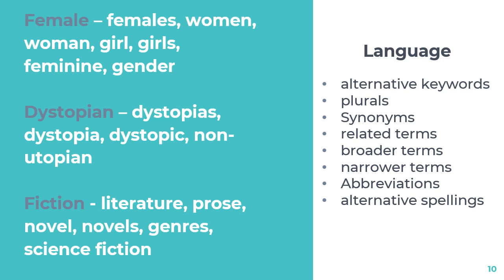If we were to brainstorm the first one, female, we come up with some of the words females, women, woman, girls, girl, feminine, gender. These are considered plurals or synonyms, related terms, broader terms, narrower terms, abbreviations, or different spellings of the same word.